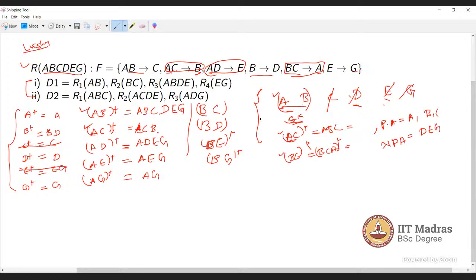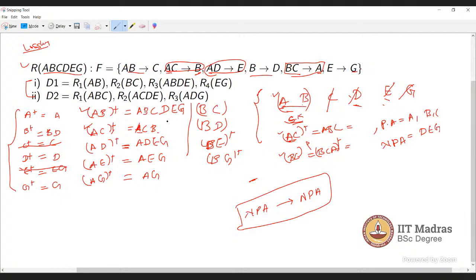Also, sir, one last thing: in case of transitive dependencies, you gave a trick or formula that a non-prime attribute determining another non-prime attribute is a transitive dependency.